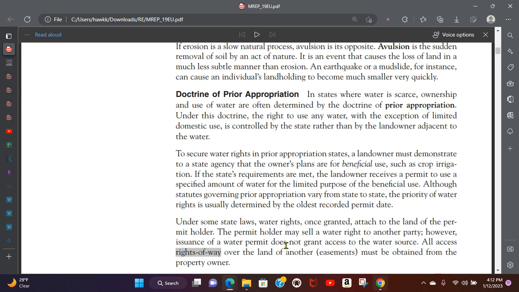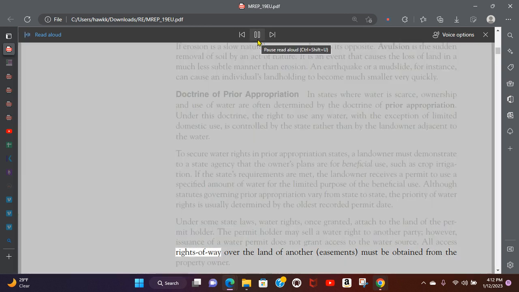Now they're telling you the permit holder may sell a water right to another party. However, issuance of a water permit does not grant access to the water source. All access rights of way over the land of another, easements, must be obtained from the property owner.